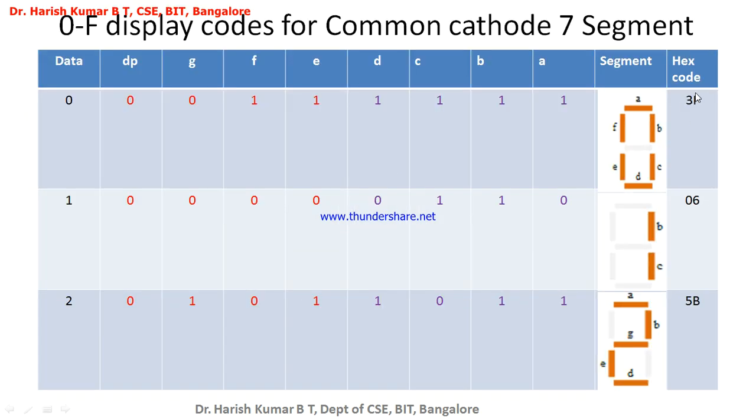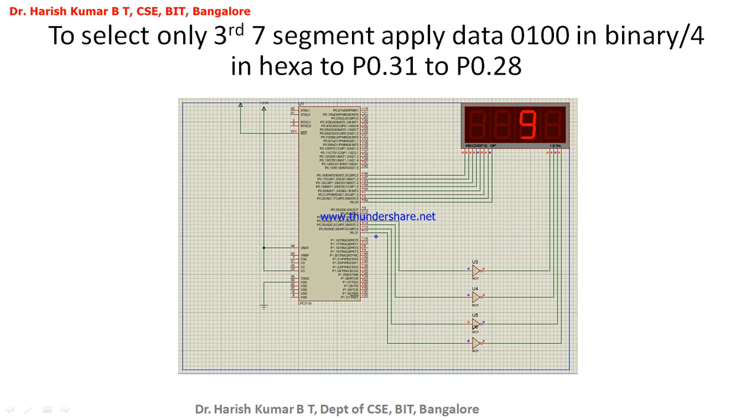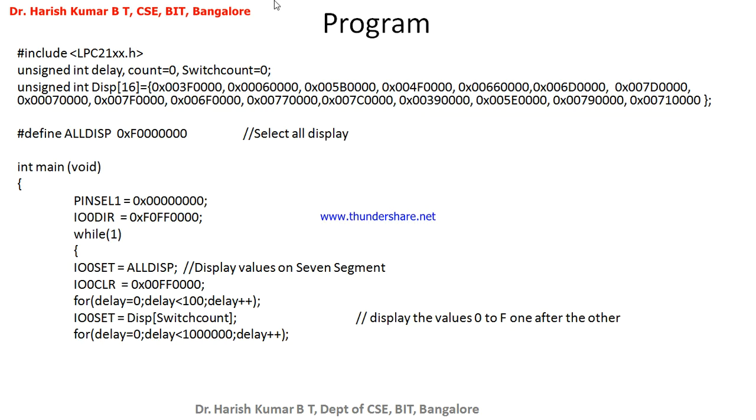If I want to display 0 on the 7 segment, I have to send the data 3F via the port pins P0.16 to P0.23. That is what we are doing. So why have I written 3F here only?